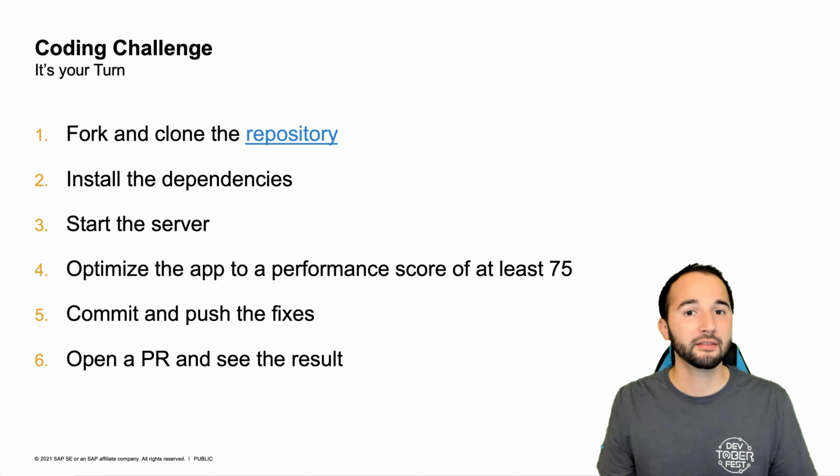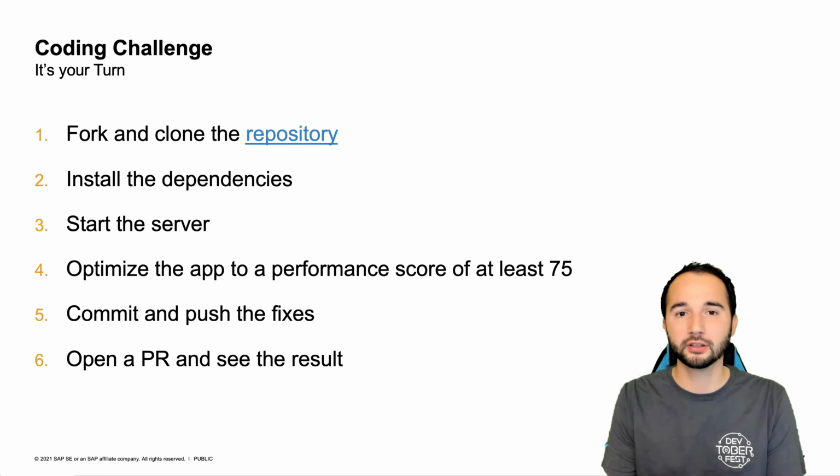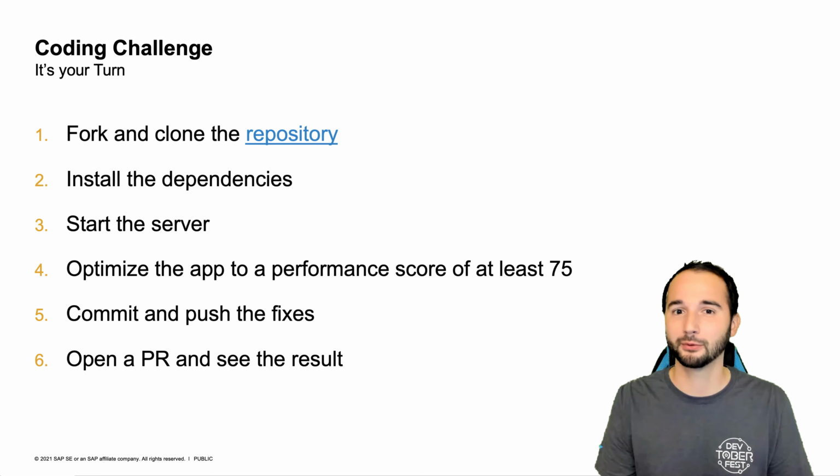Okay, let's have a look at the coding challenge. There is a repo that is linked here. It's also linked on the last slide. You can go to GitHub, go to this repository, fork it, clone it, install the dependencies, start a server locally, and improve the performance. I've shown you a few tips by now, so I'm sure you can apply one or the other in here as well.